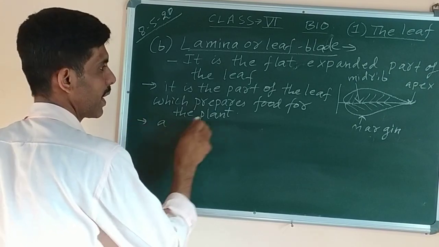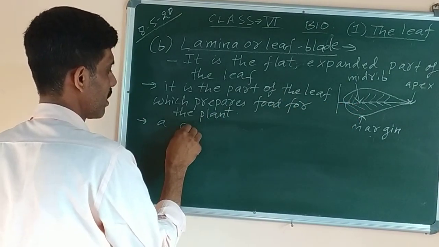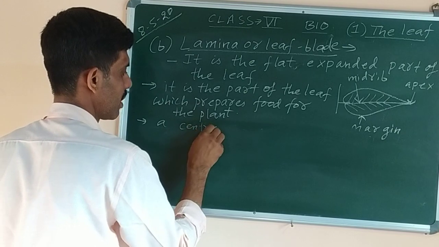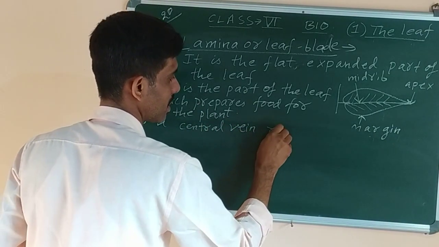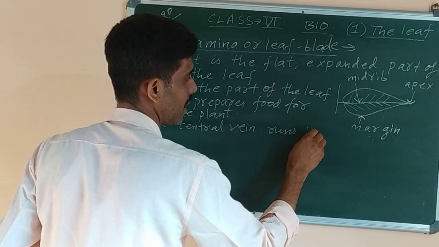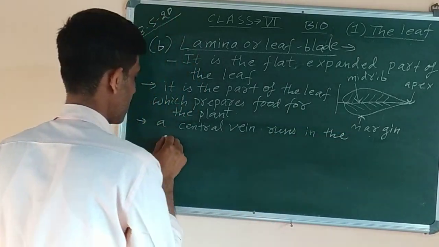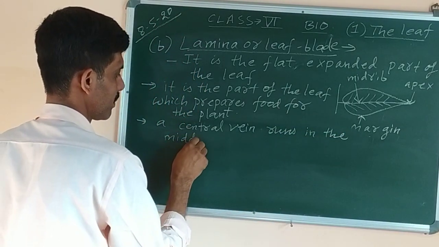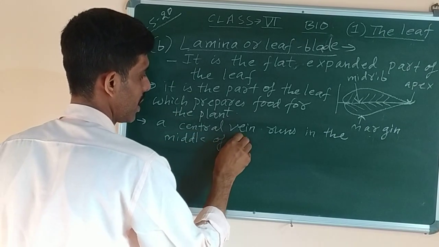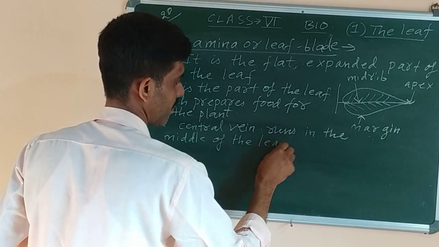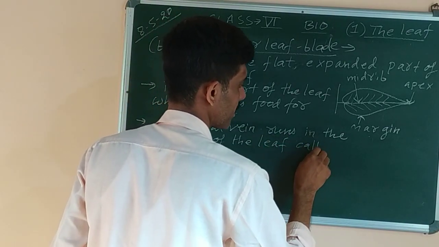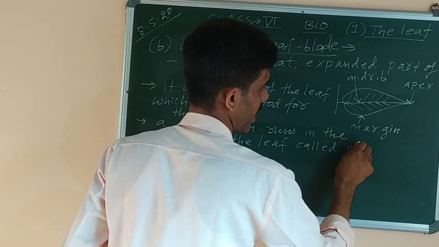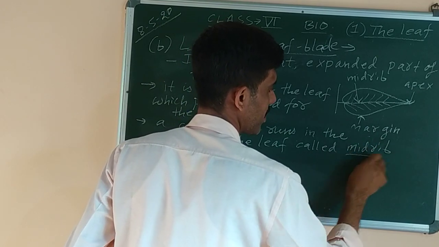A central vein, this one, a midvein. A central vein runs in the middle of the leaf called midrib, M-I-D-R-I-B, midrib, this one.